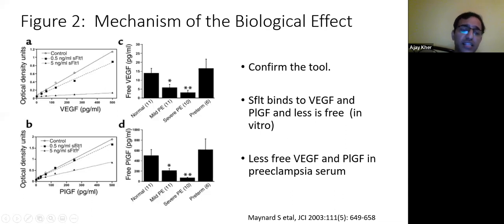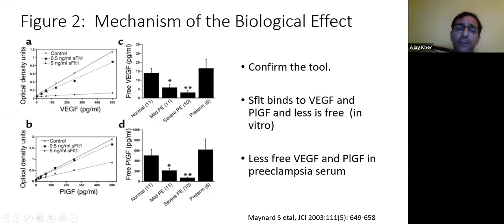Then they take the same assay and look for free VEGF in serum. In normal pregnancies, there is a lot more free VEGF floating. In mild preeclampsia, it's lower. In severe preeclampsia, it's even lower. And in preterms, it's at levels similar to normal pregnancies.